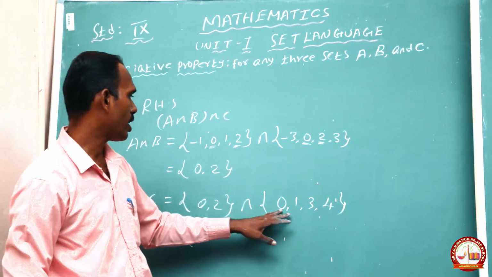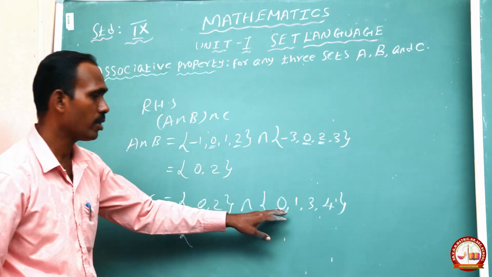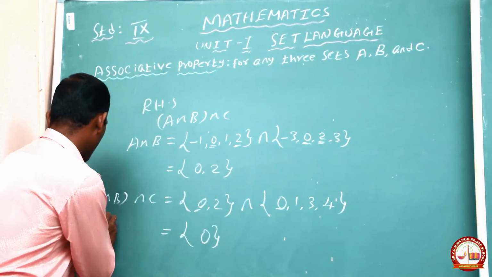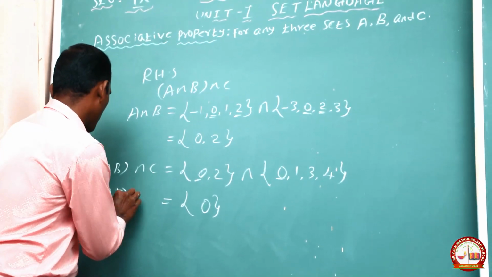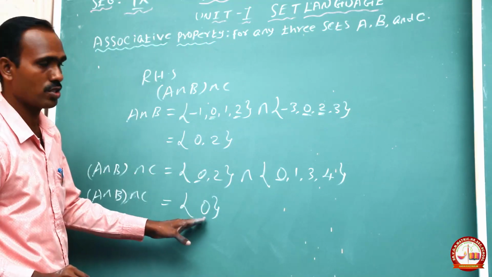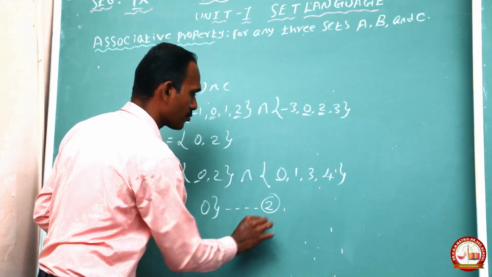Intersection means common elements in both the sets. What are the common elements here? Only 0 is the common element. So we put the 0. Okay. So A intersection B intersection C equal to 0. This we take as the second equation.